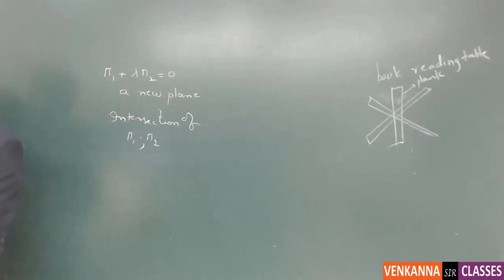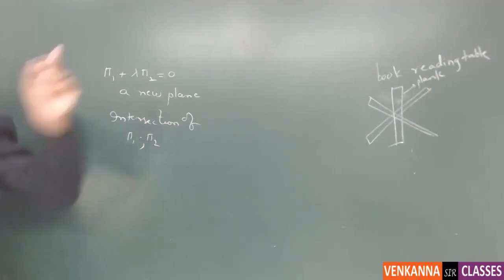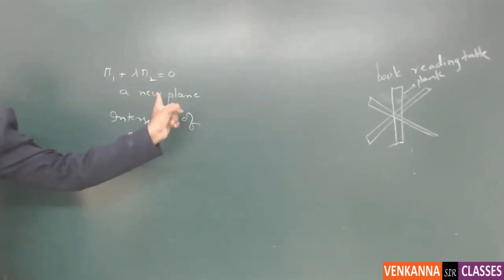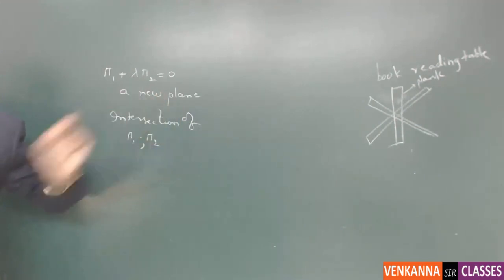Any more doubts for anybody? If anybody has any problem visualizing the concept, please let me know. Are all of you clear about this formula, pi 1 plus lambda pi 2 equal to 0, and what it gives us?